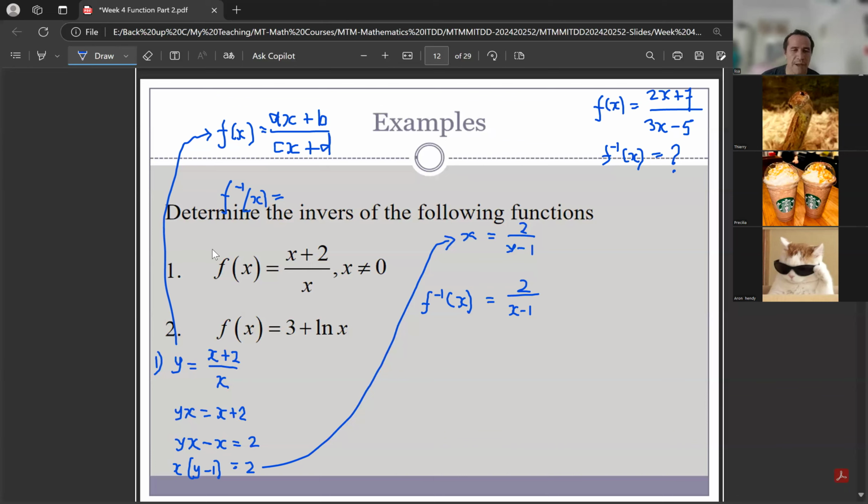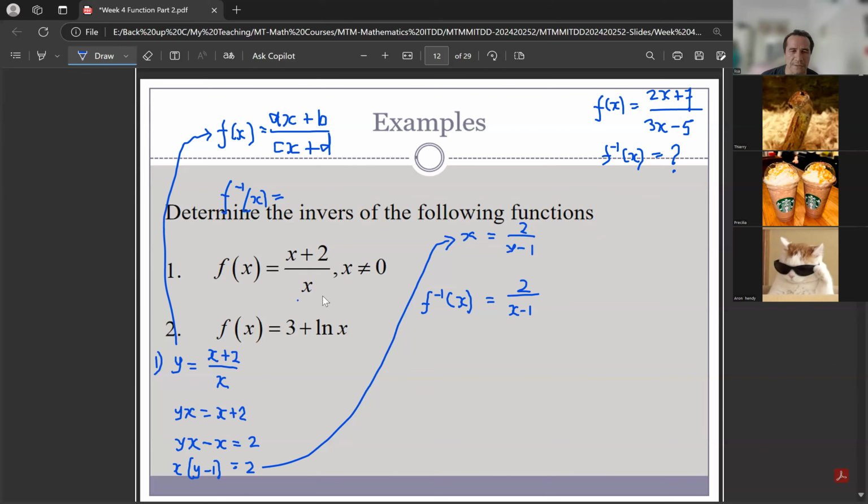And finding the inverse of a function will be different for each function, depending on the form of the function.